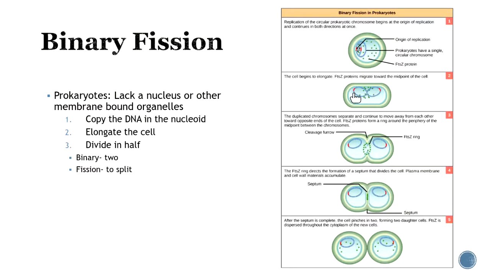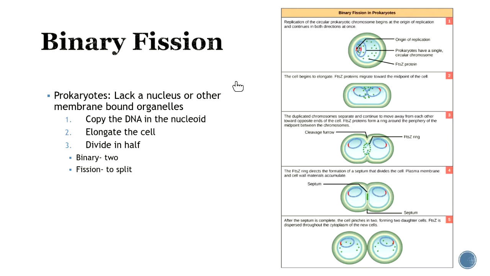Eventually those two circles separate, and the cell starts to elongate. Eventually a little ring starts to form in between them, called the septum, and the cell is split into two cells. This is called binary fission. We're going from one cell to two.